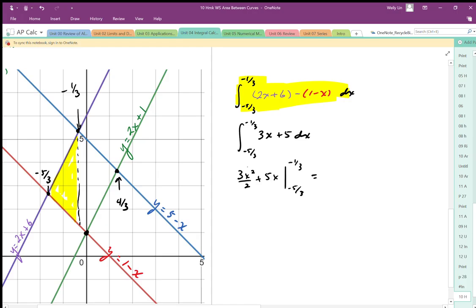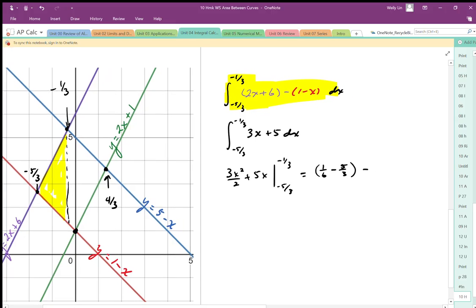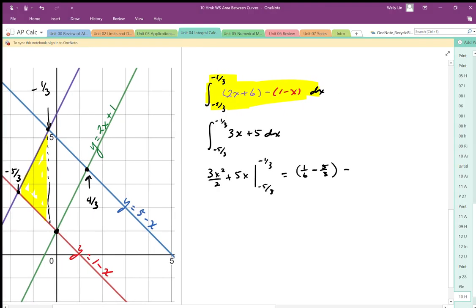Plugging those in, we're going to end up with 3 over 18, which simplifies to 1/6, minus 5/3, minus 25 over 9, which ends up being 25 over 6, and minus 25 over 3.